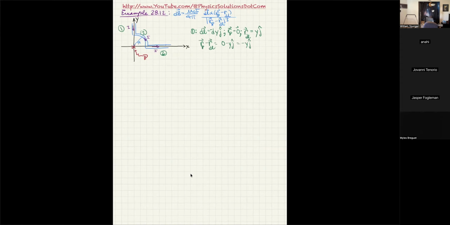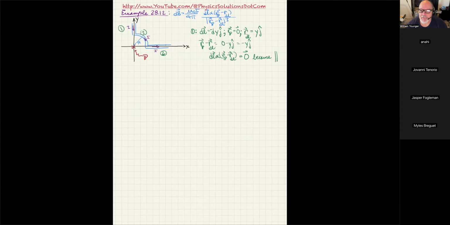And when we take a cross product of DL with that, these two vectors are parallel. So that result is 0. Does everybody see how that's the case? Anybody have any questions about why that's 0?